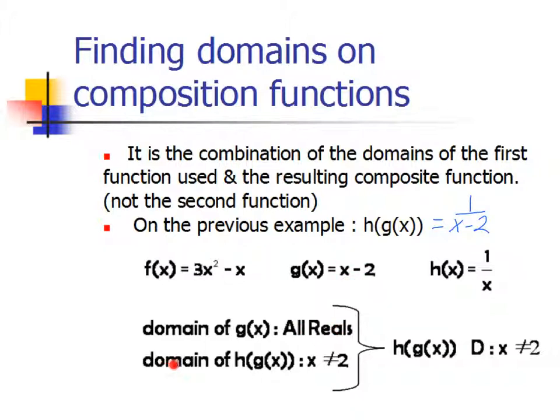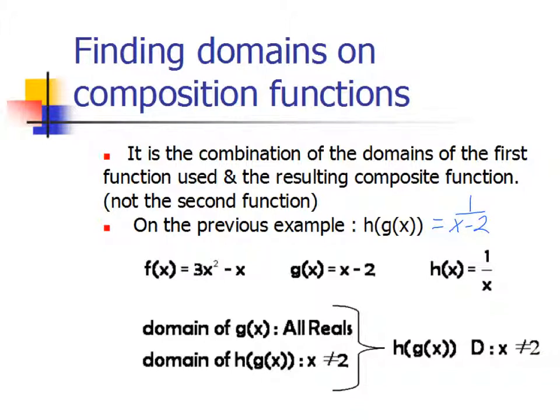And then I look at my end result, which is up here. My end result, I would not want x to be 2. Notice I never ever used the h of x domain, because that would have been a problem for a 0. But it works out fine. I don't care about 0 being an issue here because I never used h of x by itself. Okay, so overall, x can't be 2.